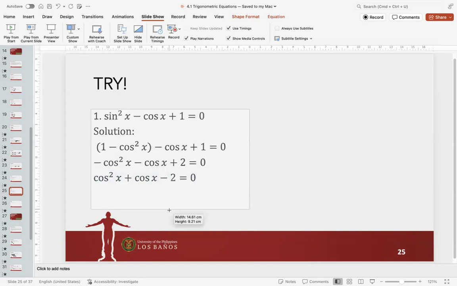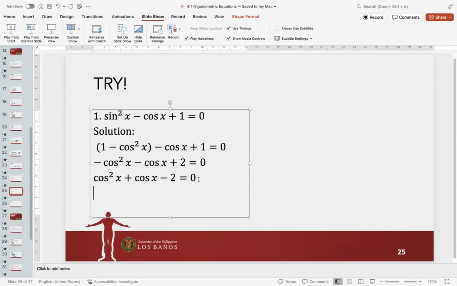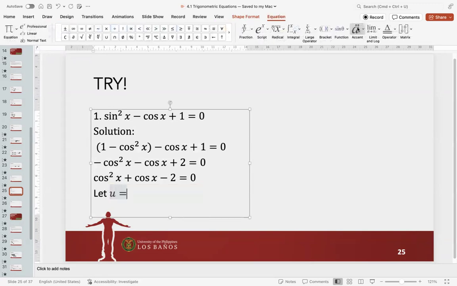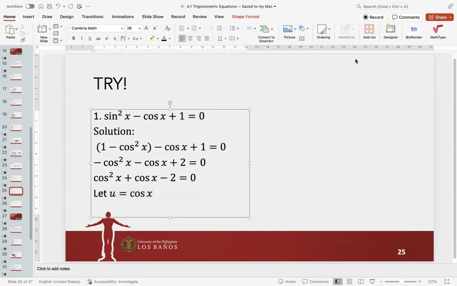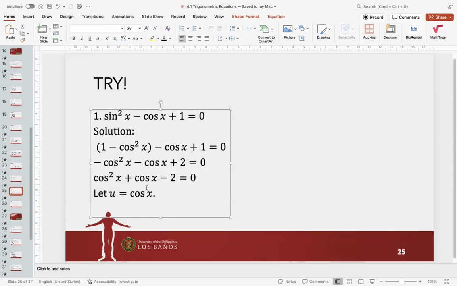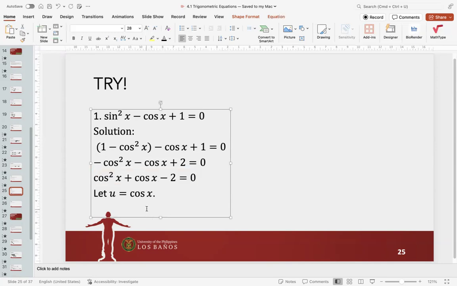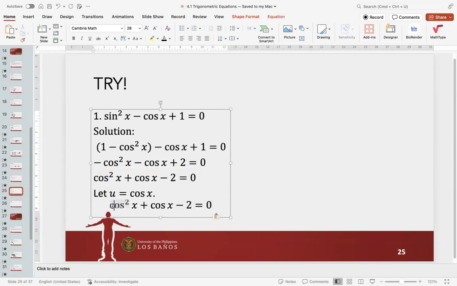So the next step is to let u be equal to cosine x. If we do this, what will happen? Our equation now, or this entire thing, can now be written as u squared plus u minus 2 equals 0.